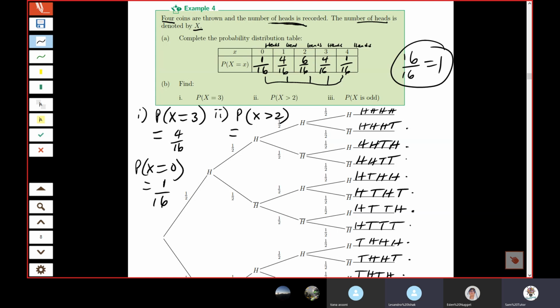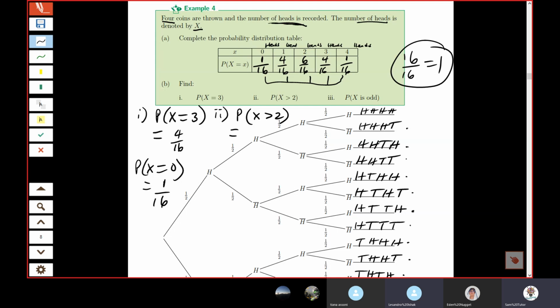So then how many now? Isn't it 3 heads and 4 heads? So it's just 4 plus 1. 5. Do you agree with that? Yeah, but I wasn't looking at the table, I was looking at the dots.